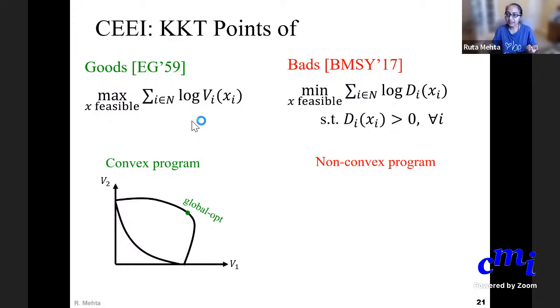You write the KKT conditions, and the dual variables are going to give you prices. Only when the function is one homogeneous can you exactly map the KKT conditions, or the optimality conditions, to the competitive equilibrium conditions. So that's where the one homogeneous condition plays a role, and it's crucial. Beyond one homogeneous, this characterization breaks.